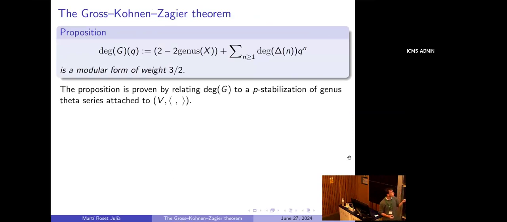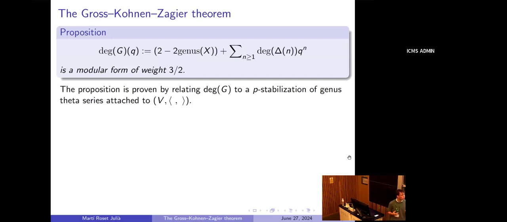The idea for that is that one can really relate this degree of G to some combination of theta series attached to V, because one can replace this sum over this Z[1/P] lattice modulo gamma by a sum over a finite number of Z lattices. And that's how one relates these two theta series and proves the modularity. So we couldn't say maybe that it's a generalization of a theta series, but maybe it's a geometric interpretation of certain sums of theta series as degrees of divisors.